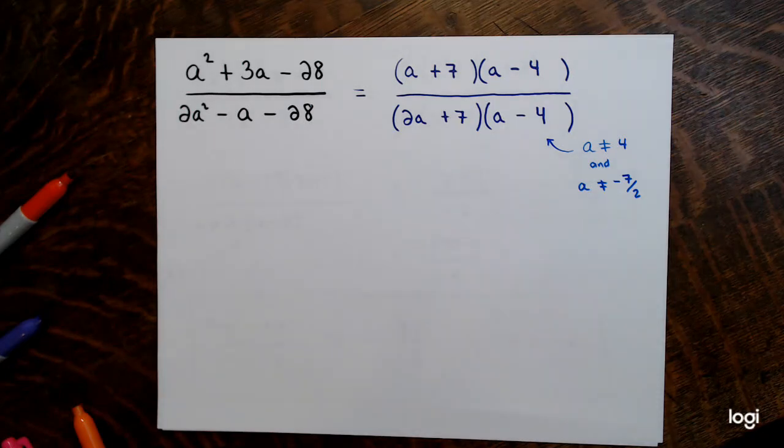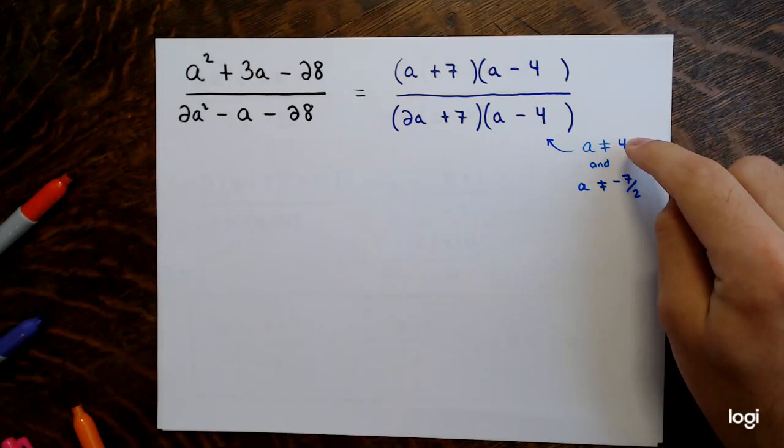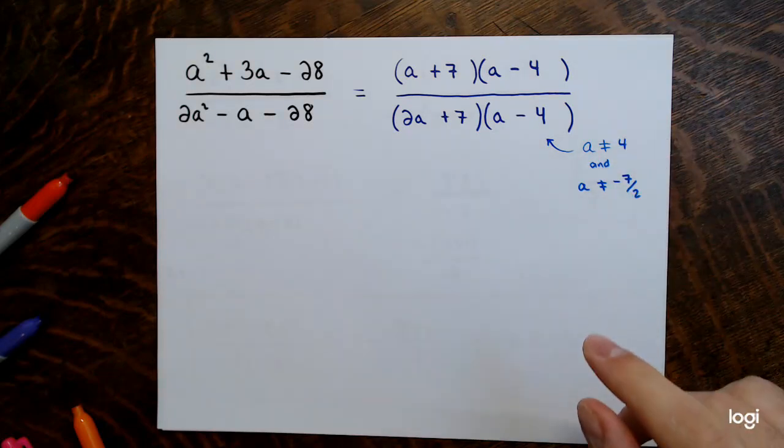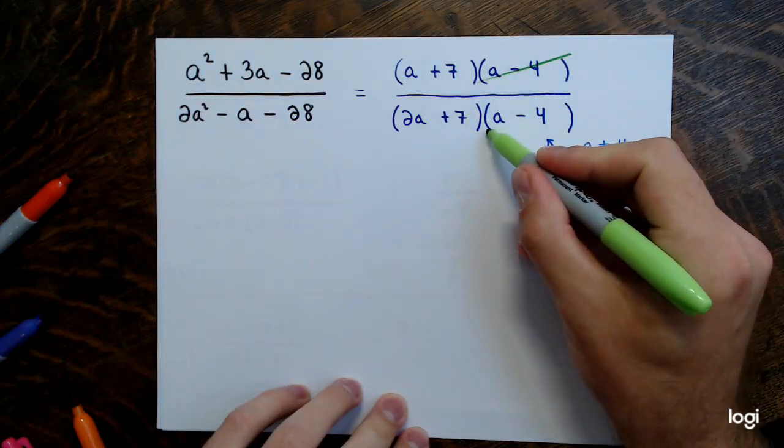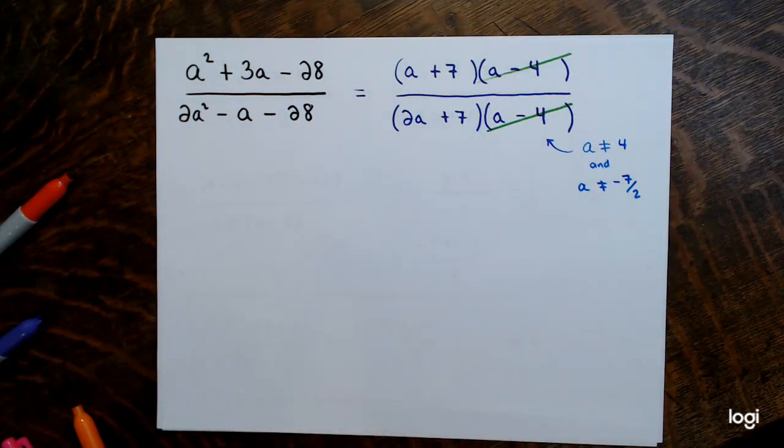That's undefined. So now that I've pointed that out, as long as a is not one of these values, I can simplify. And I'm seeing the common factor of a minus 4 in the numerator and denominator.